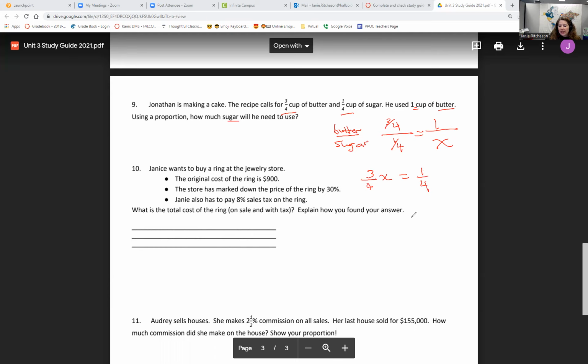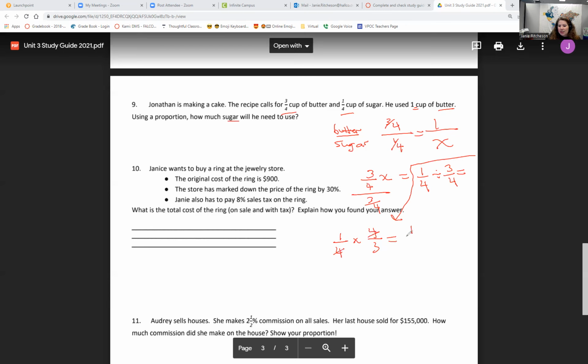All right. And how do we get rid of times 3/4? Means we're going to divide by 3/4. So you can just plug this right in your calculator, or we're going to take this and move it down here. We're going to keep it, change it, flip it. Those 4s disappear.